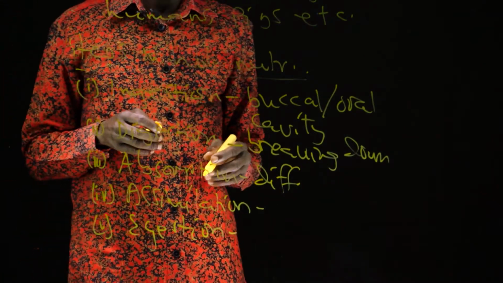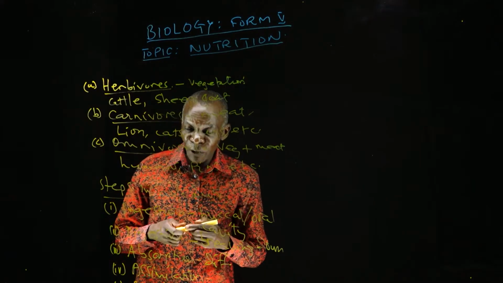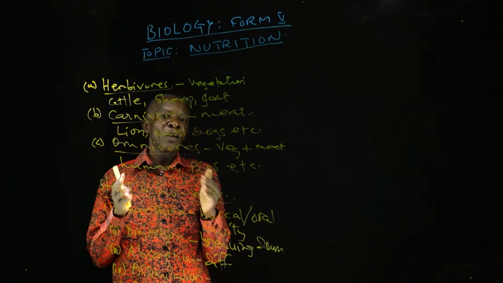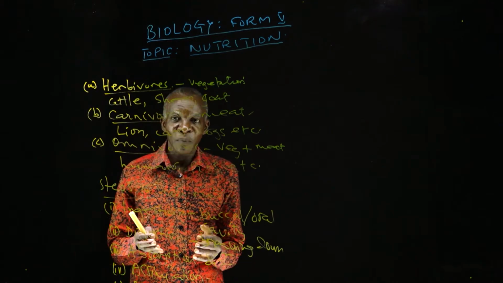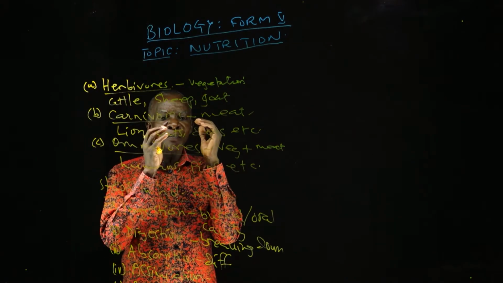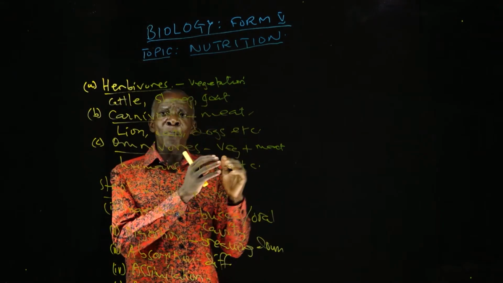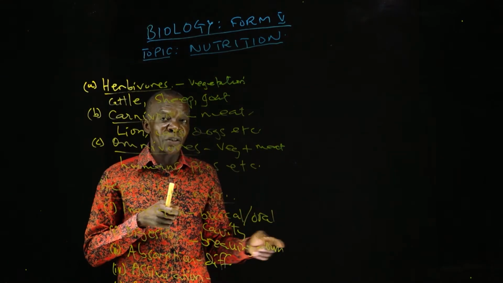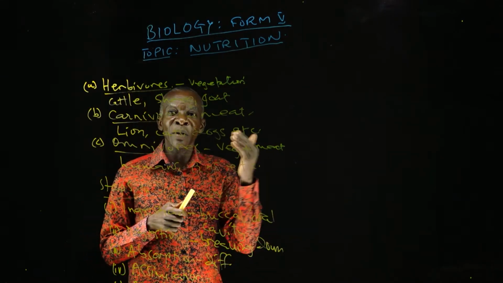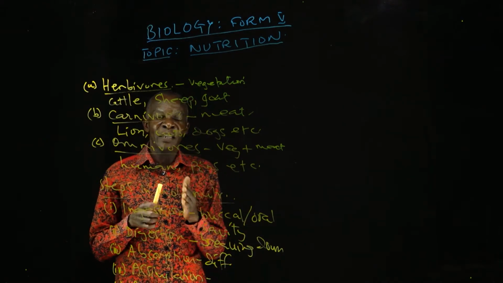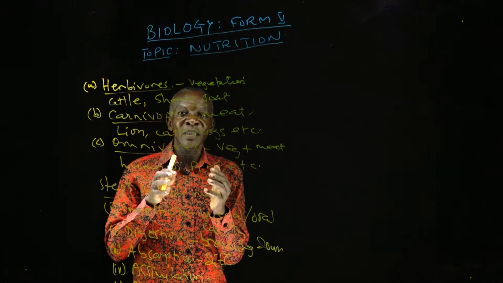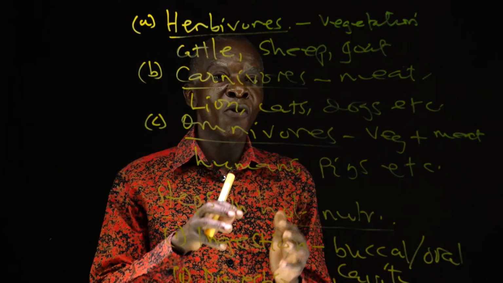And finally, there is egestion. After digestion has taken place, we have two categories of products. We have the diffusible materials, the useful food materials which are made to diffuse and be absorbed into the body. But we have the undigested food remains, which form waste fecal matter.